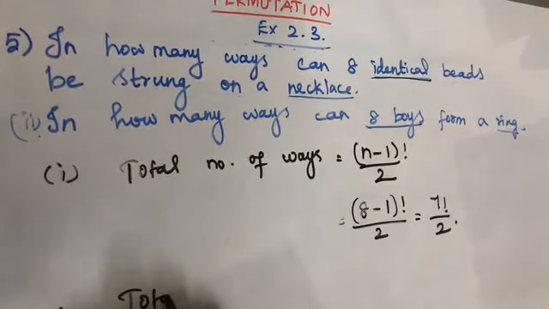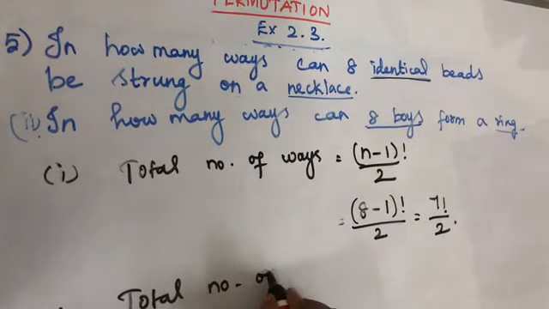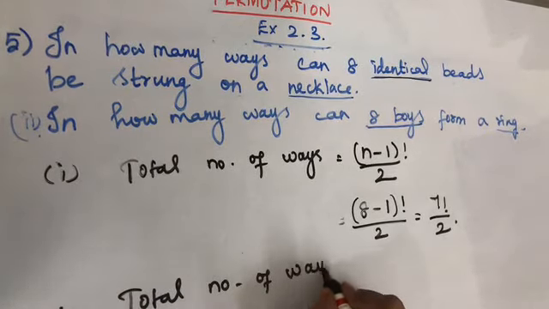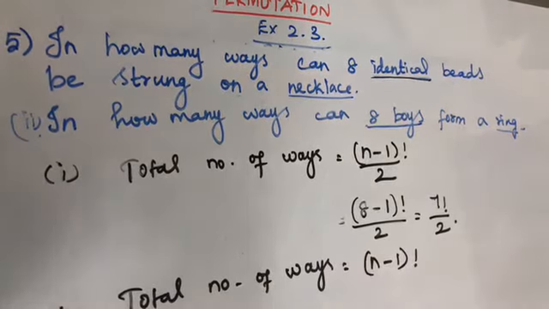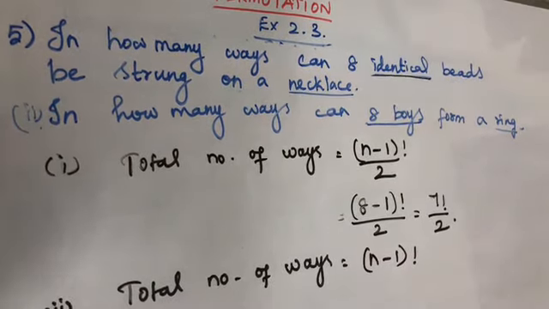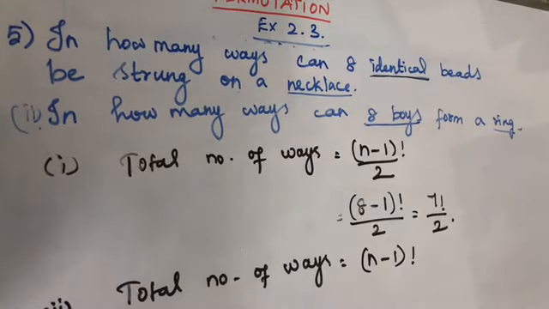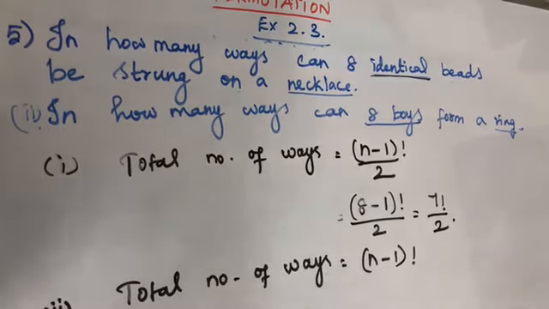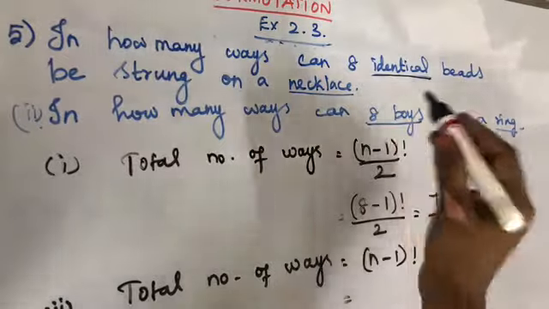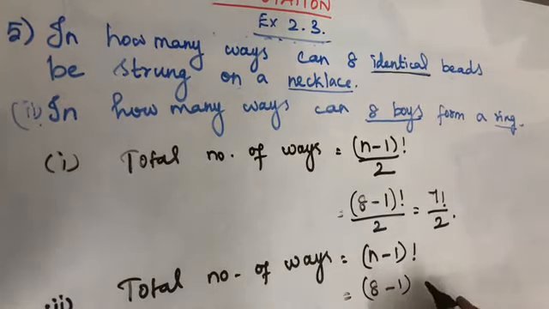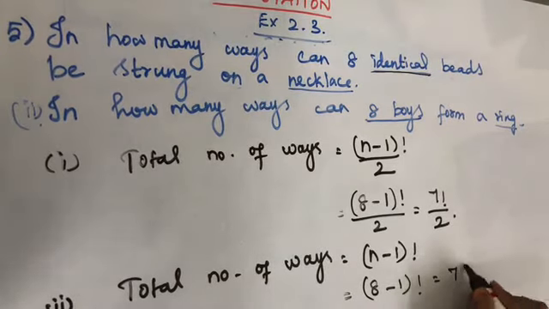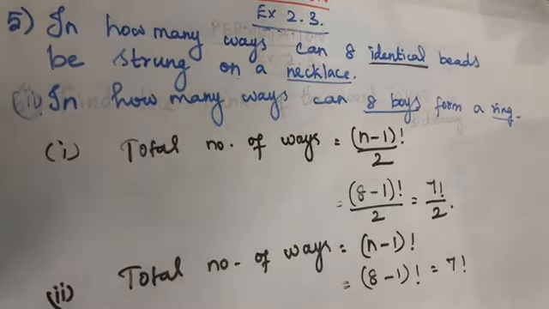So the total number of ways is equal to (n minus 1) factorial. That is the formula for this circular permutation. Here also n is equal to 8. So (8 minus 1) factorial, that is equal to 7 factorial ways.